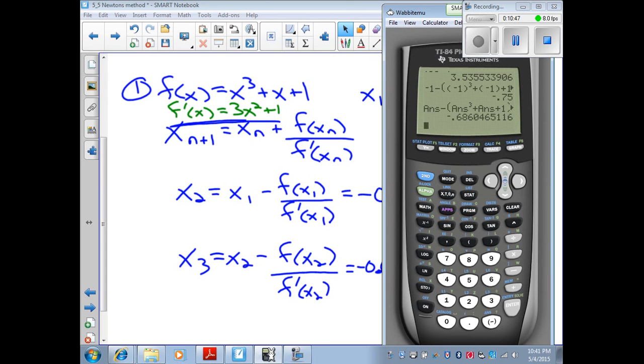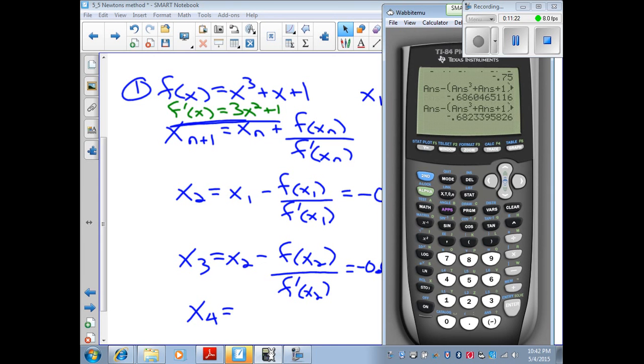Okay, now I'll do it again. x4 will be the answer that I just found, minus answer cubed plus answer plus 1 divided by 3 times the answer squared plus 1.